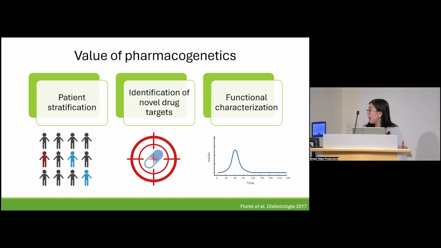And so when you do that, you might understand a little bit more about the mode of action of the gene product. And so it can give you more information if you have a genetic region or a variant that you don't understand what it does. You can use a drug to help you understand that as well. And I'll provide some examples later in this talk.